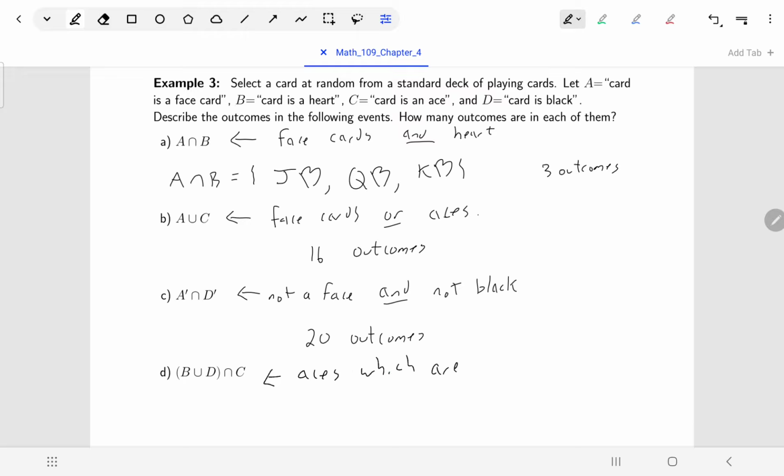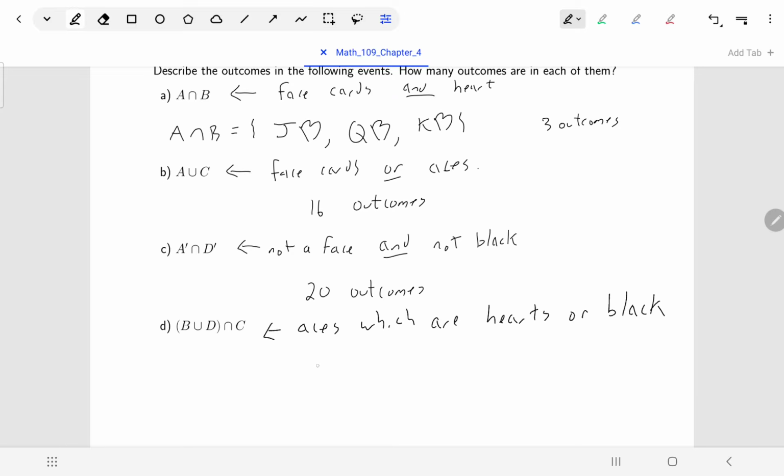And for those aces, they either need to be inside of B or inside of D. They need to be either hearts or black. We can easily count those because there's 4 aces. One is a heart, one is a club, one is a spade. So in total, there's 3 outcomes for this event.